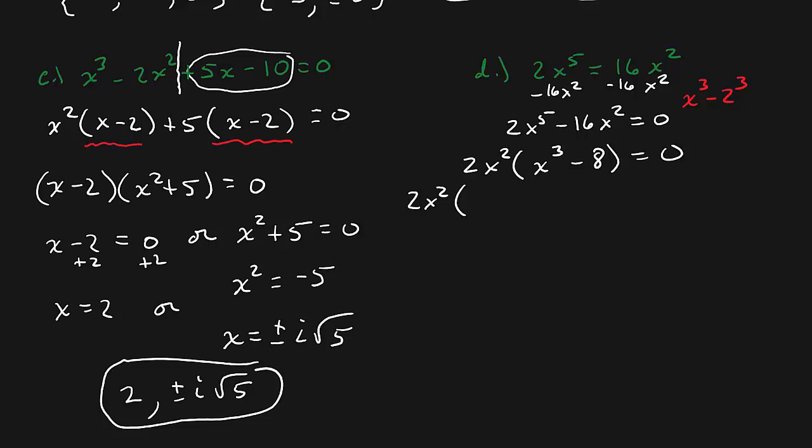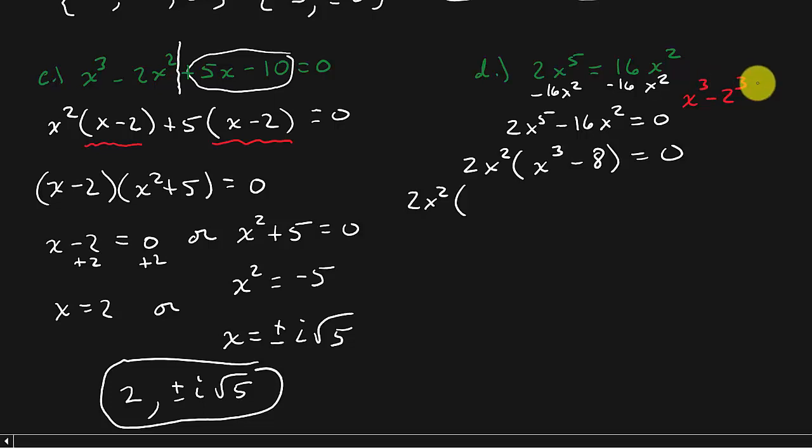So if you remember back when you were factoring difference of two cubes or sum of two cubes, you just drop the cubes, and that would be x minus 2. And then you square the first term, change the sign, multiply the 2. This is always positive here, and then square the last term, and that equals 0.